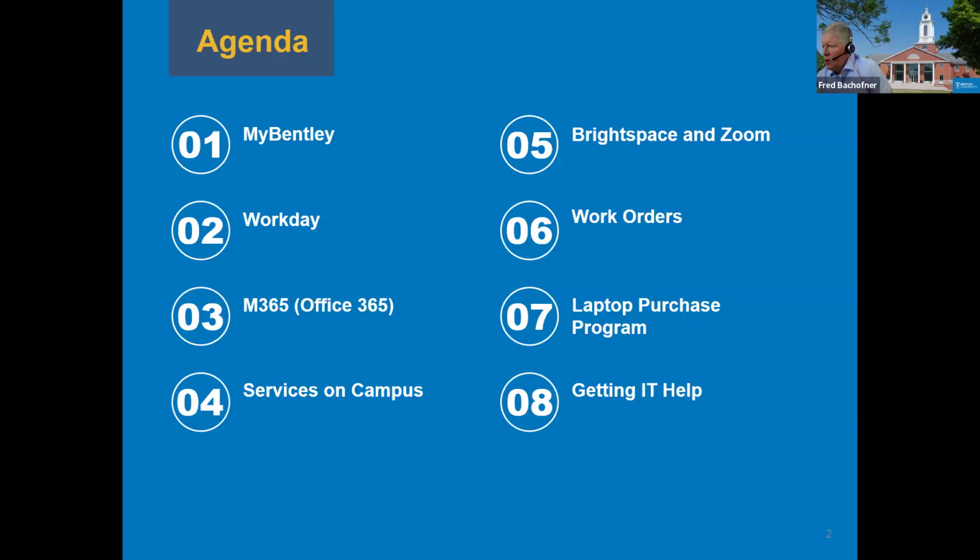And we'll talk about entering work orders, the laptop purchase program that all of you should have received an email about. And of course, to reiterate, how to get help while you're here at campus or even if you're remote.